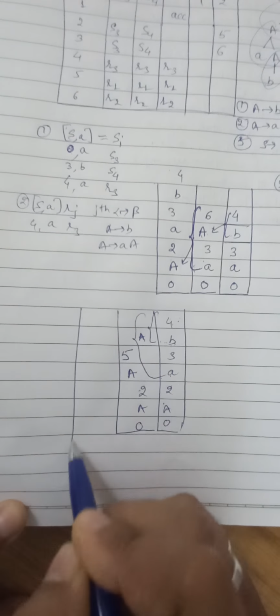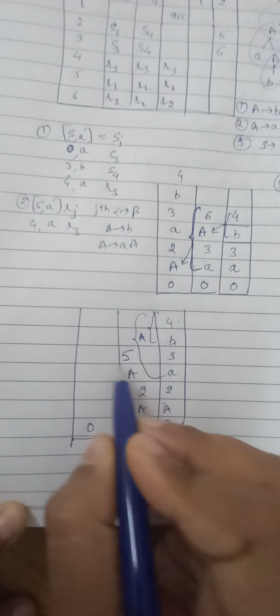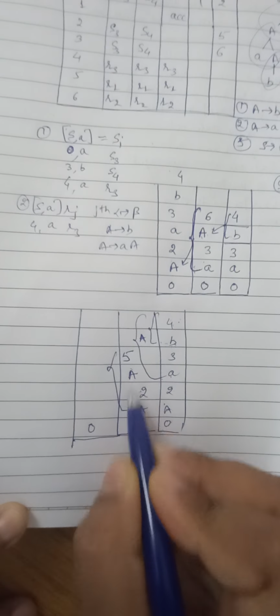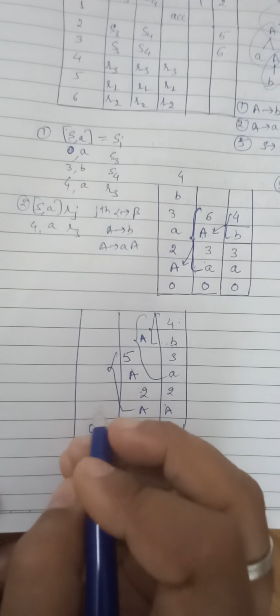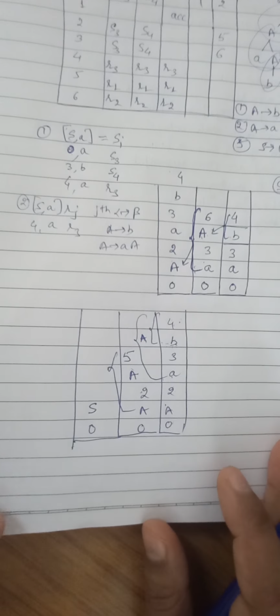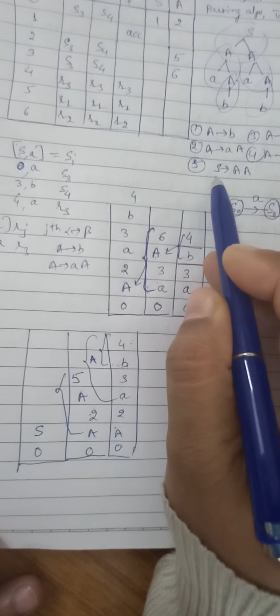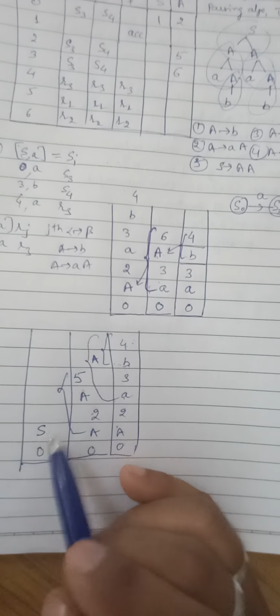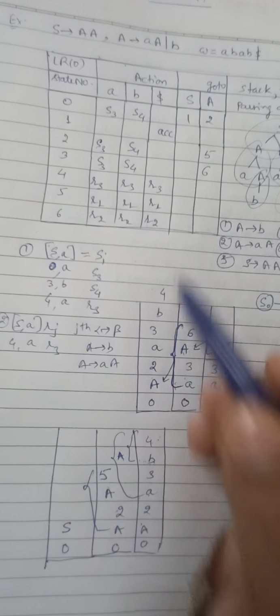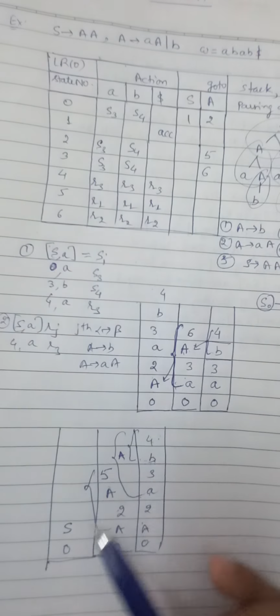Fine. So what we are going to write here, same thing, 0, and for these two productions we are doing reduction, because we are getting capital A, both capital A's. So from this production we are reaching S. So we write here S, and when we are reaching S, we have 1 in the table from 0.